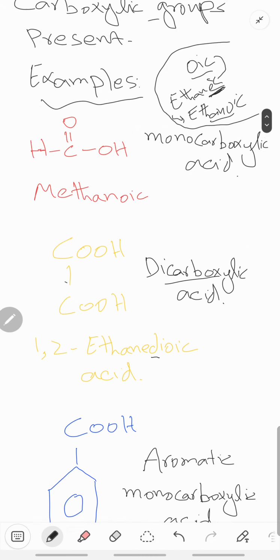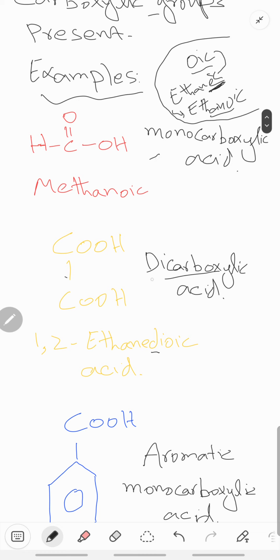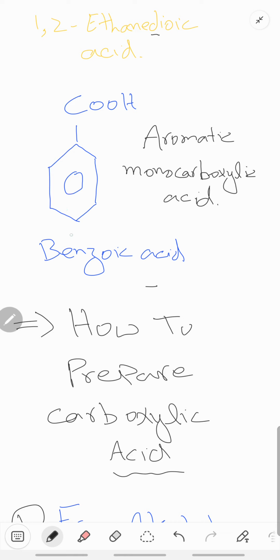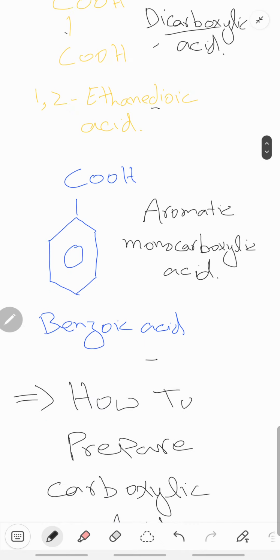These two examples are also examples of aliphatic carboxylic acids. And there is another example, an aromatic carboxylic acid, and that is benzoic acid. The carboxylic acid is attached to benzene, so it is an aromatic monocarboxylic acid. So these were a few examples of carboxylic acids.